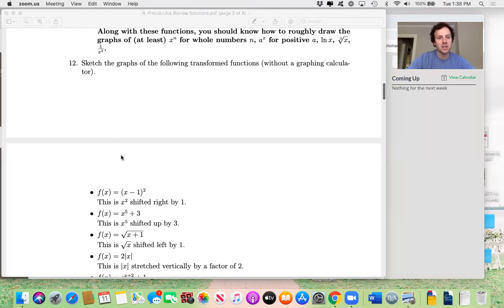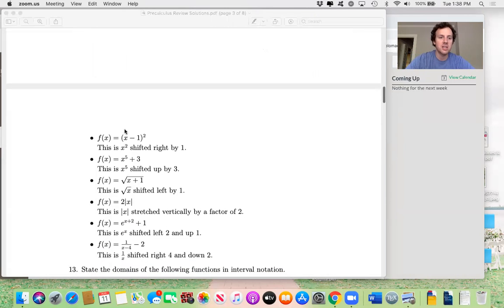But the idea is that in these cases, you're taking a basic, sometimes called parent function, and moving it around. So for x minus 1 squared, there are these extra numbers in here, but there's a basic function here.